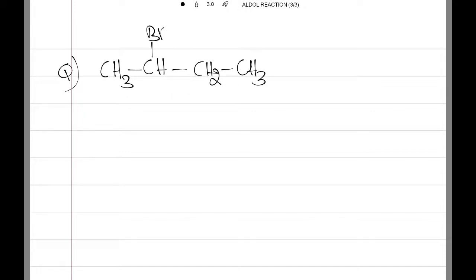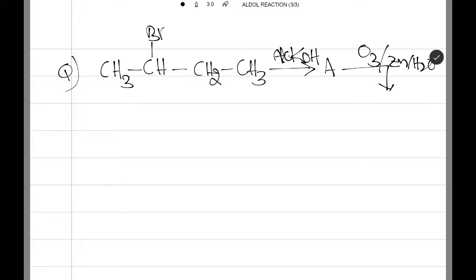So this one I am taking, when this reacts with alcoholic KOH, we can get the A product. Okay, so this A on reaction with ozonolysis, O3 and Zn/H2O, okay, so in the ozonolysis reaction we can get the B product.